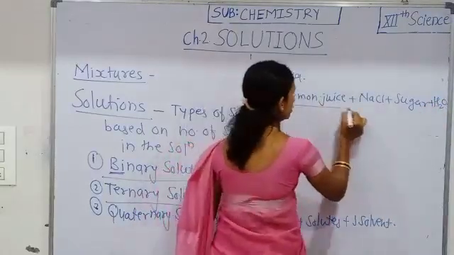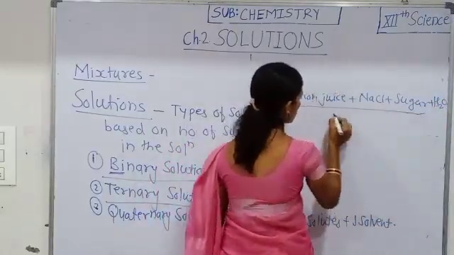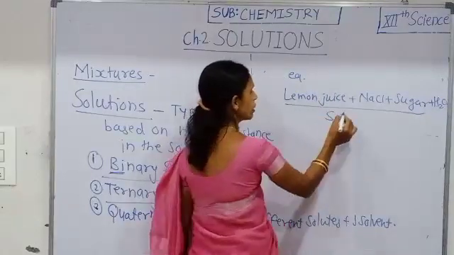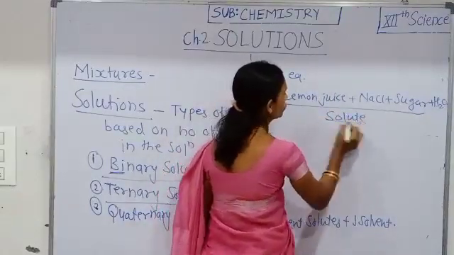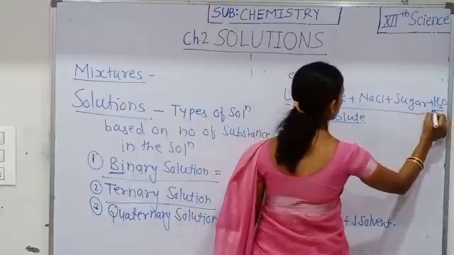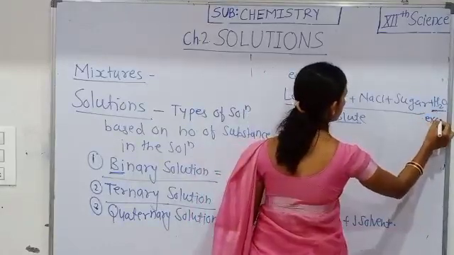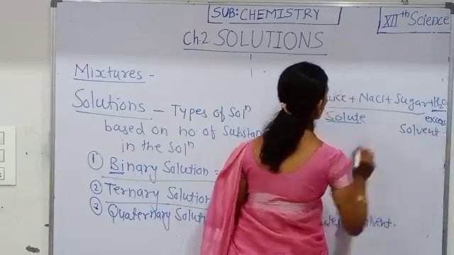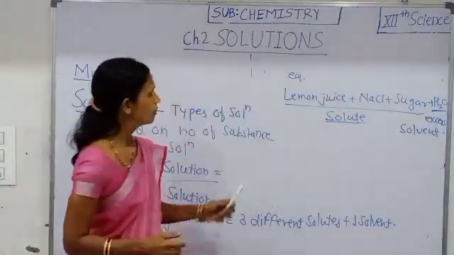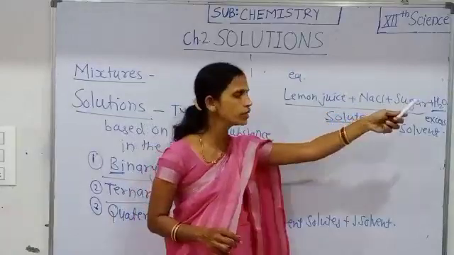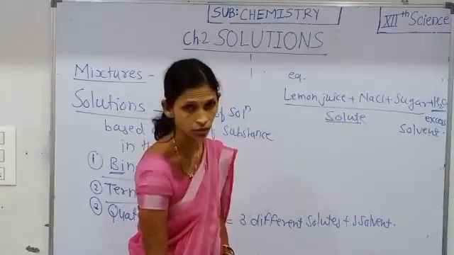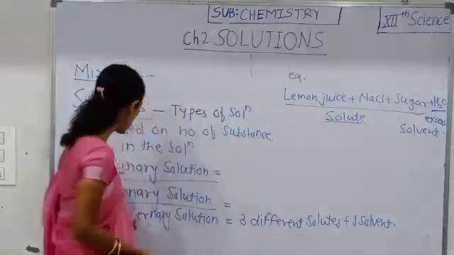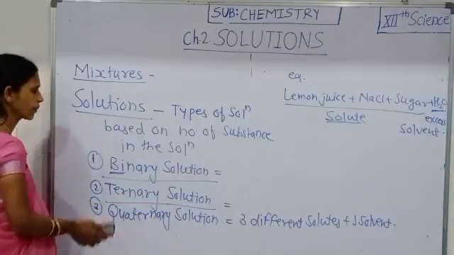Here lemon juice, NaCl and sugar are in smaller amount, therefore they are the solutes, and water, present in excess amount, is the solvent. It is a mixture of four different substances.